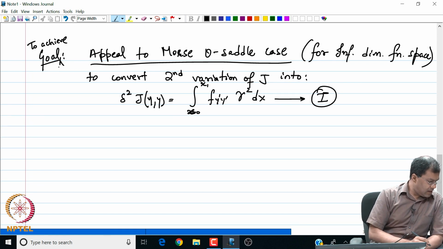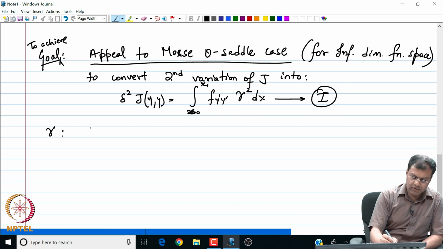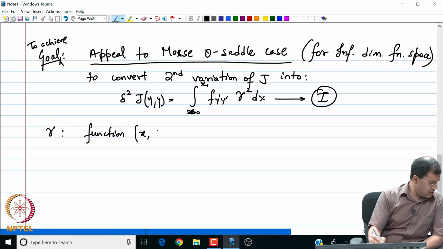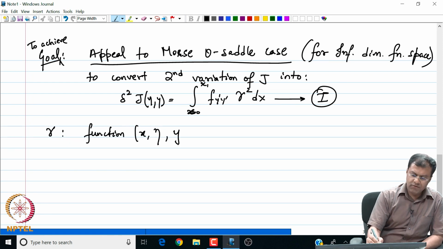Another property of gamma that we need is that gamma is a real valued function of x, eta, and y being our extremal.